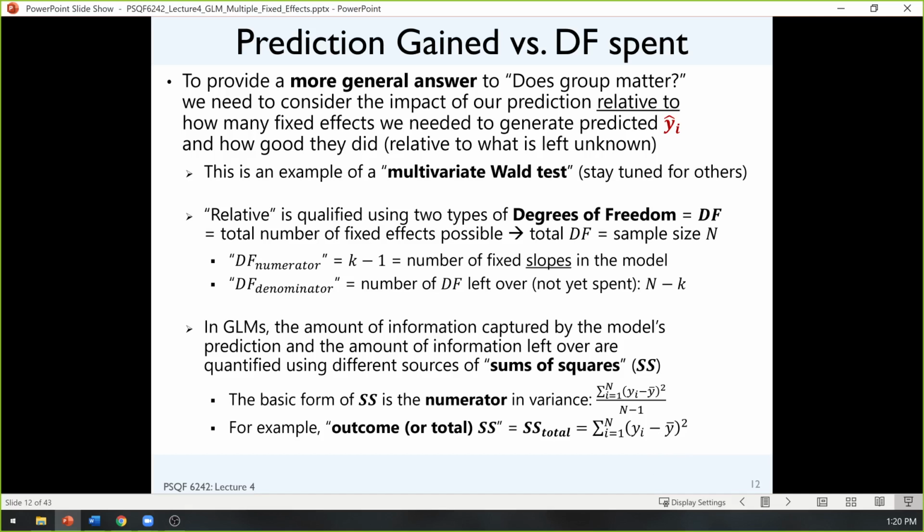How much of the information has been captured by the model? So how much of the information is included within what we're going to call y hat, the predicted outcome? And then how much is left over in the residuals? We want a ratio of how much information we got over how much information remains. That's where we're headed with this.